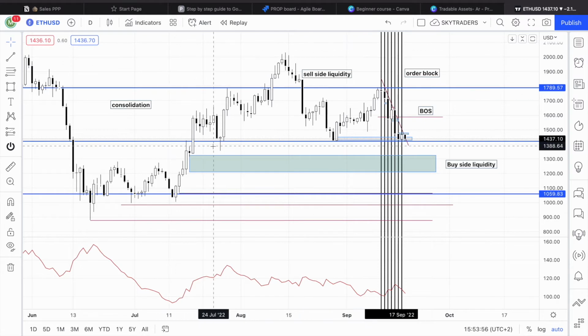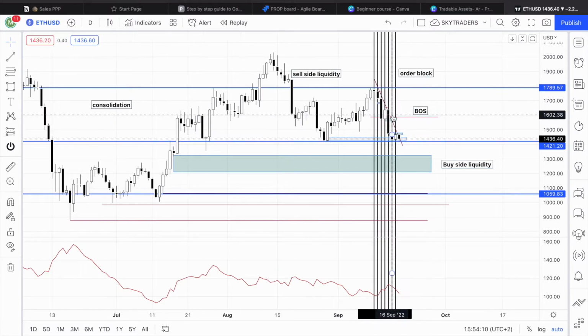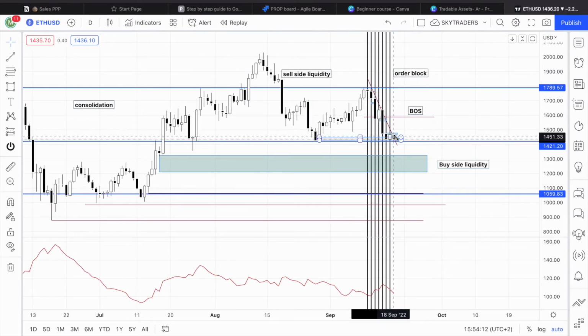So we're gonna reverse from this buy side liquidity, or create an order block. And in order to validate this order block, we have to break this market structure created by this high pressure sell candle, right? So we need a high pressure buy candle breaking this market structure and trying to trade back, and then you can place the buy orders.